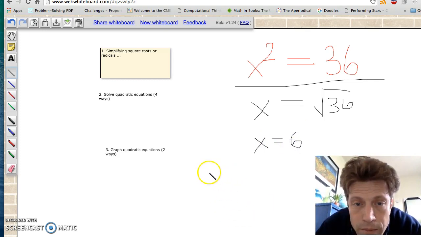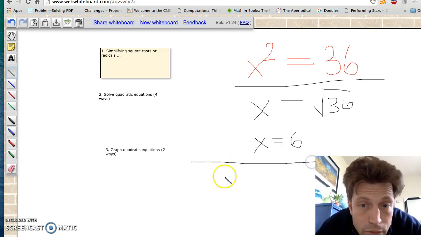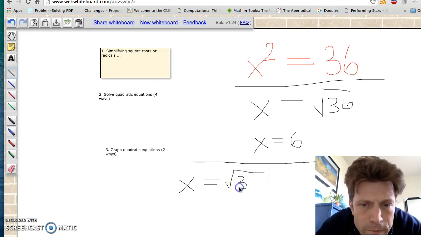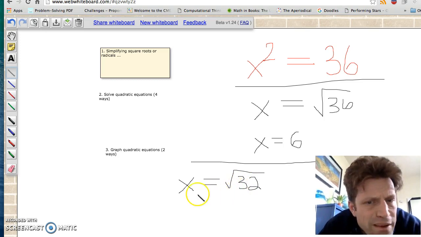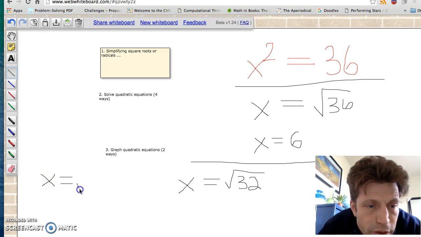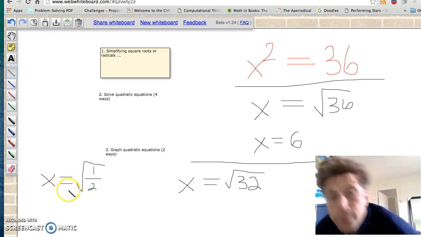But more often than that, we have problems like x equals the square root of 32, where it's not a perfect square, but yet we could still make it more simple. Or we'll have something like x equals the square root of 1/2. We have this come up in trigonometry a few times.